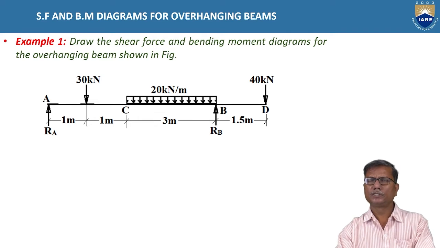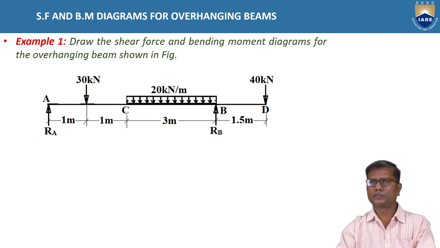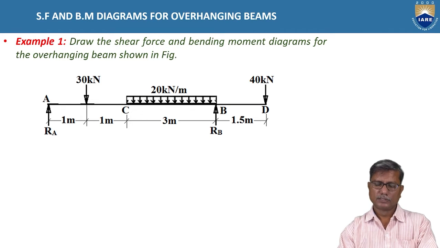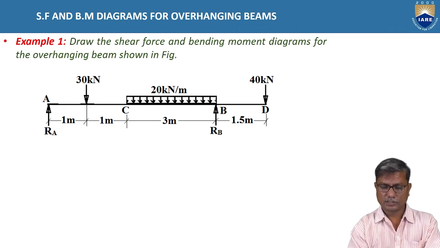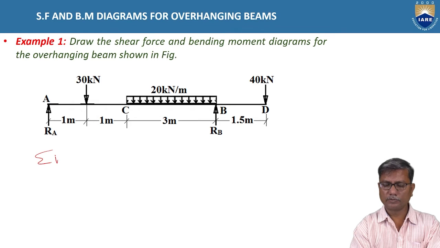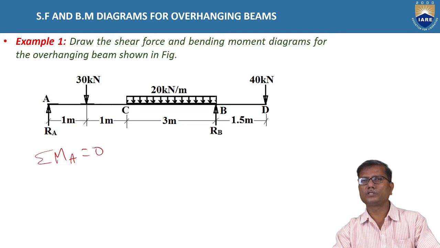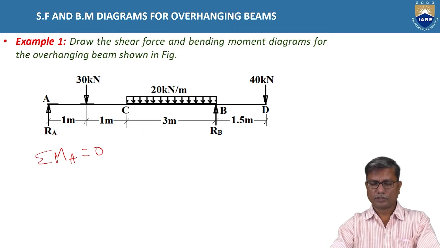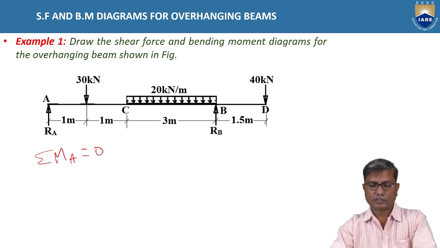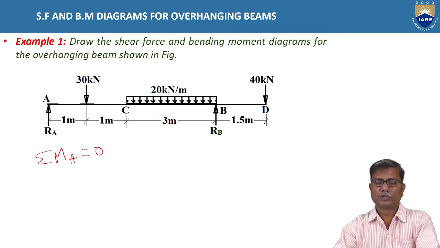We will find the shear forces only after finding the reactions. For finding reactions, we apply the condition sigma MA equal to 0 or sigma MB equal to 0. We will take the moments about the support points A or B so that one of the unknowns is eliminated.